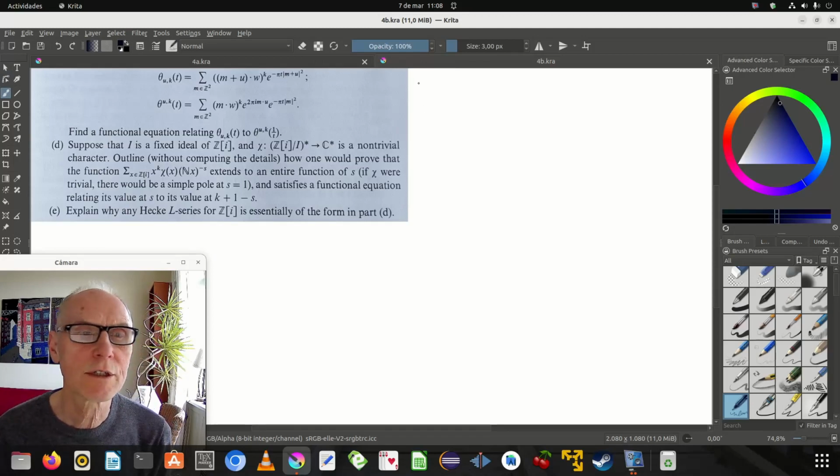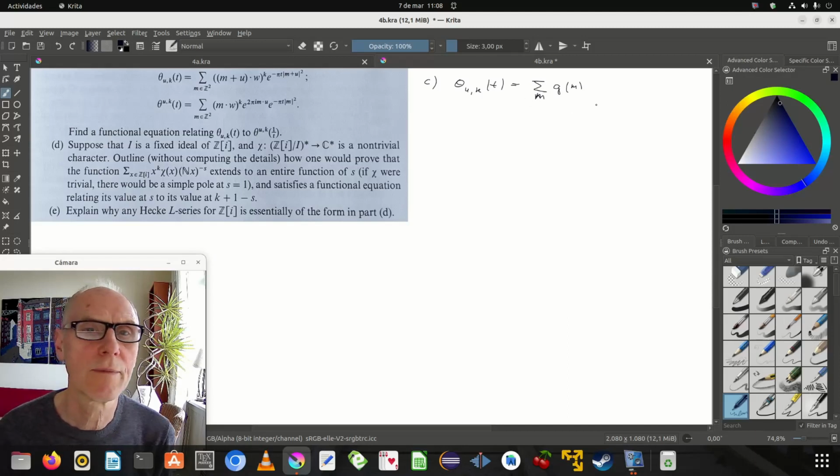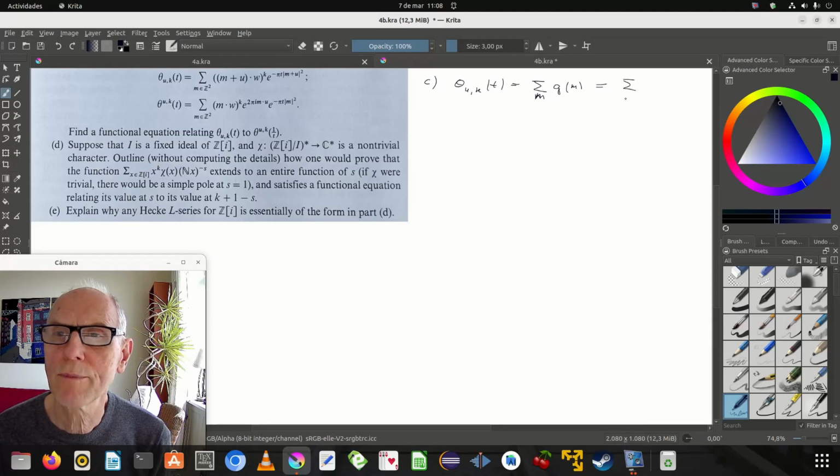So that means that this is just the sum over g of m summing over z squared. So we use Poisson's addition formula.